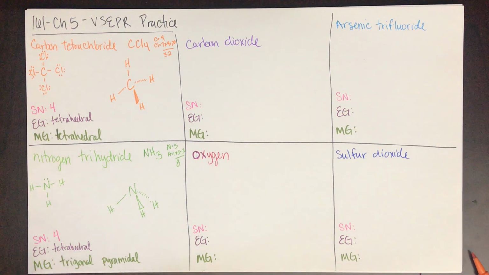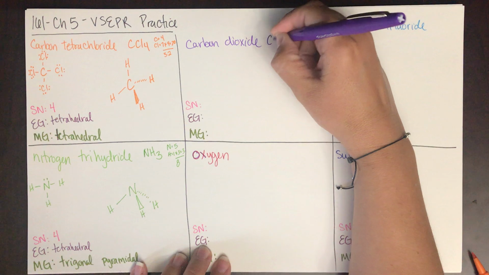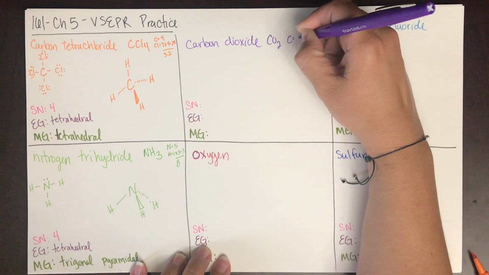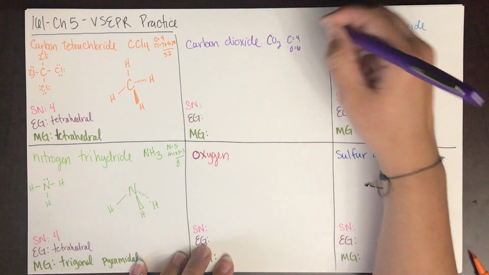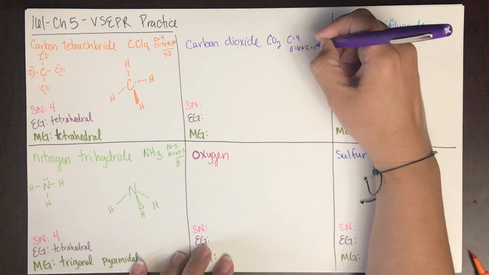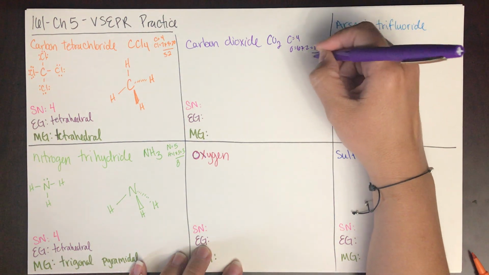Carbon dioxide is also an example of a structure that we did in the last chapter. So CO2, carbon dioxide. Carbon has 4 valence electrons. Oxygen has 6 valence electrons times 2 is 12. 4 plus 12 is 16.